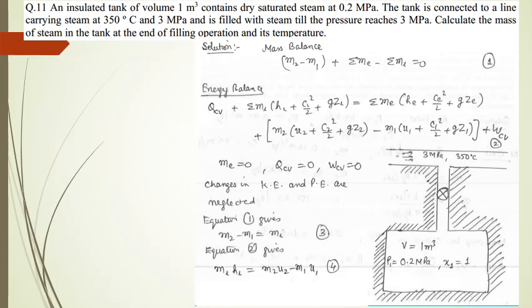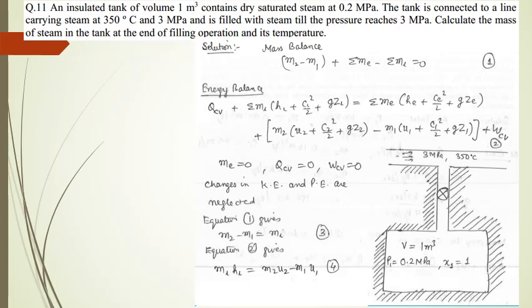Now Me is equal to 0, as I've told you. Heat transfer will also be 0, as the tank is insulated. There is no work delivered by the system. Changes in kinetic and potential energy are also neglected.